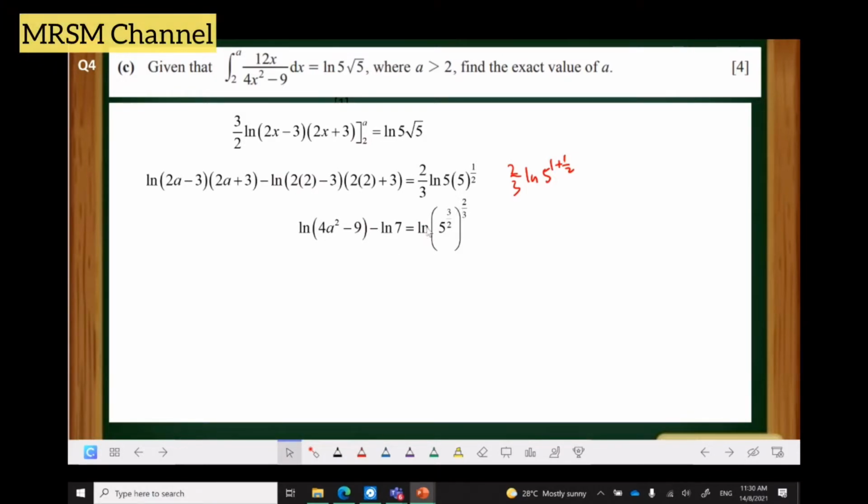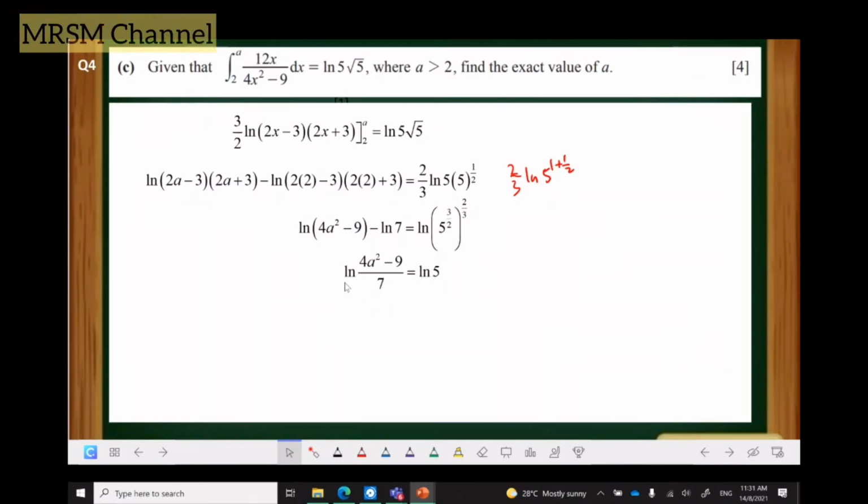Okay, so this 2 over 3 naik atas, dalam ni dah jadi 3 over 2 times dengan 2 over 3. So cancel out. So kita akan dapat 5 to the power of 1 je kat sini. Okay, so this and this, law of logarithm say log A minus log B akan jadi log A over B. Okay, (4a squared minus 9) over 7, this is equal to ln 5.